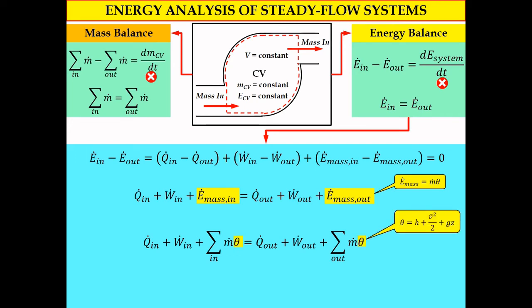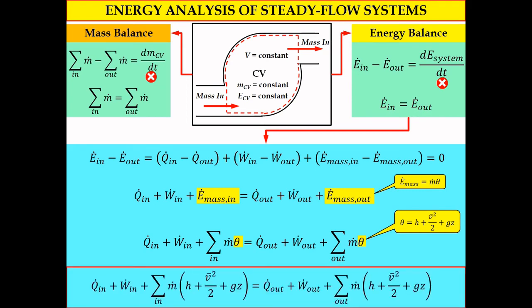The theta refers to the full equation of the total energy for the flowing fluid, where theta equals enthalpy plus the term for kinetic energy and plus the term for potential energy. So this is the final energy balance equation for the open system and for the steady flow process.